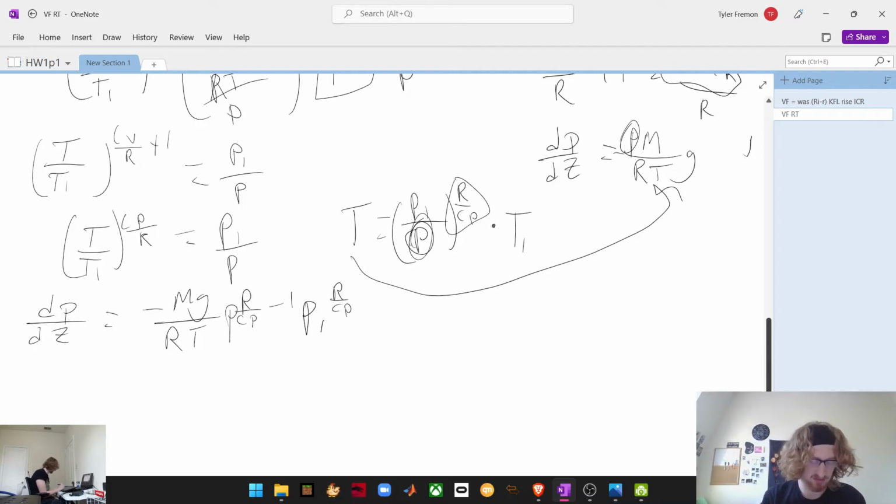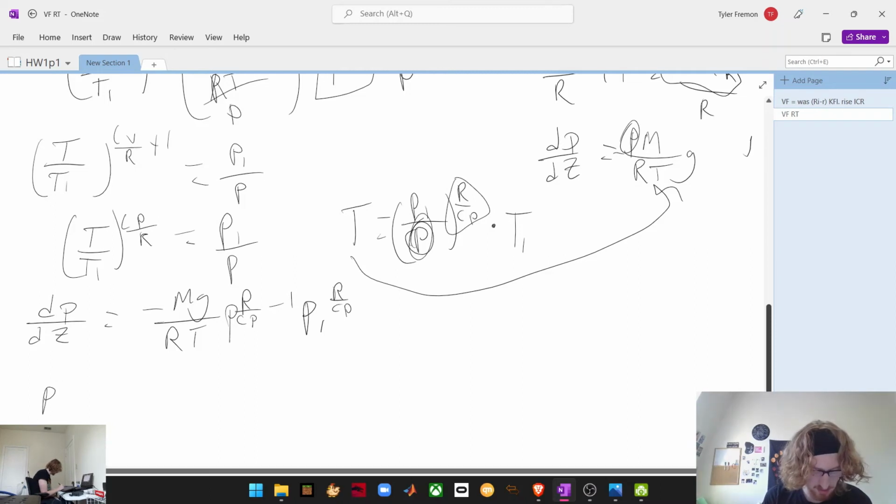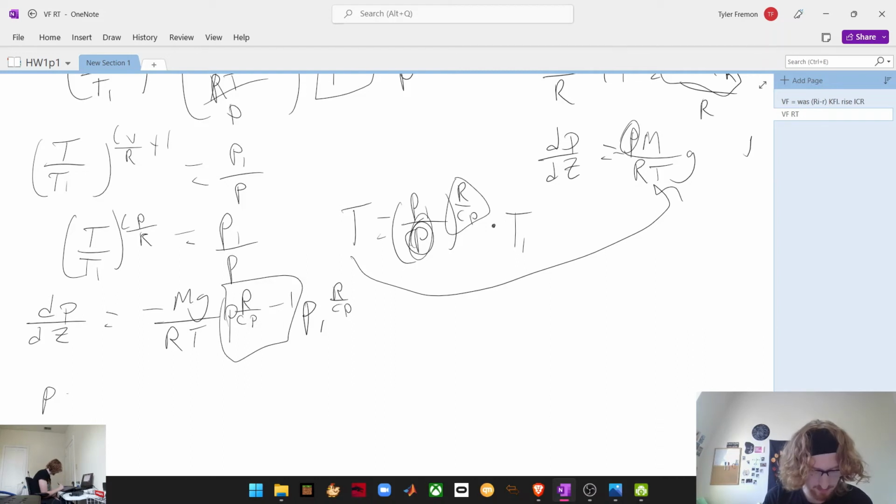Multiply across by the dz. So we'll end up with, since we're dividing across by this, 1 minus R over Cp.